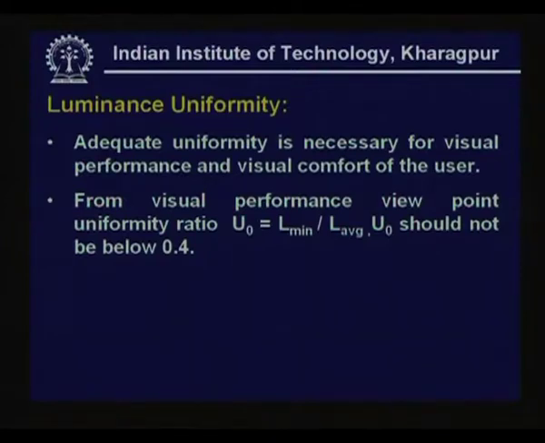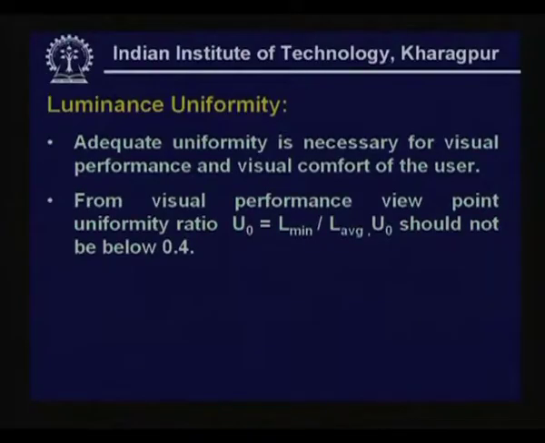From the visual performance viewpoint, the uniformity is specified by the index U sub 0, or U naught, defined by the ratio of the minimum luminance to the average luminance, that is L min over L average.